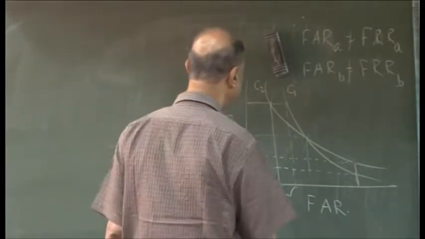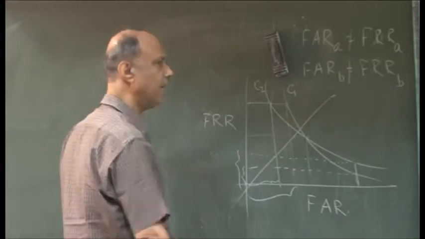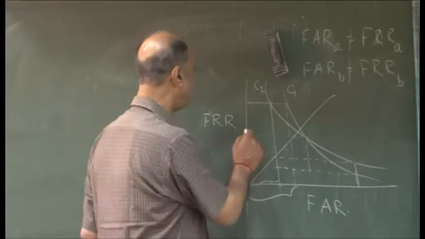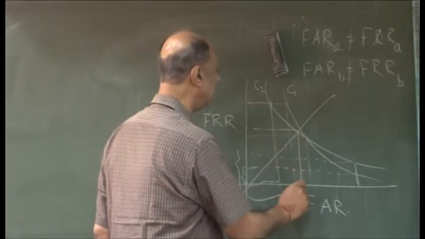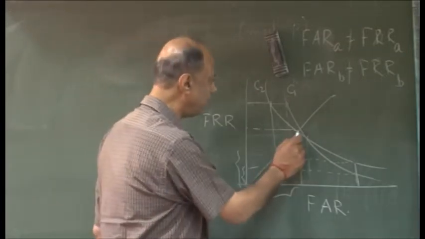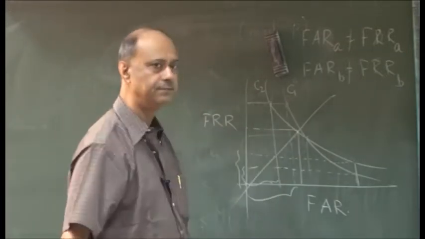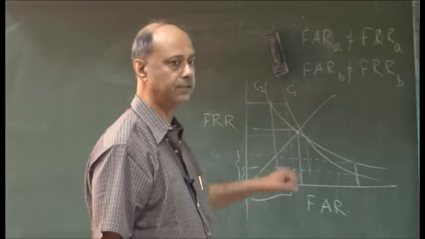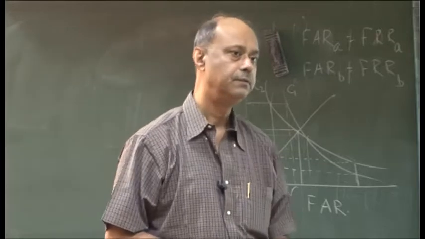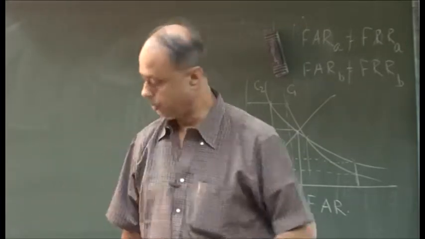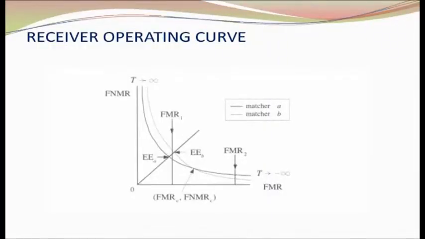So how to get that? This is nothing but a line you draw at 45 degrees, right? Under this condition, you will find that FAR and FRR are the same. Now the smaller value of this is better than this, right? So you will be telling that this algorithm is better than this algorithm. Is it clear? So you get the equal error rate.